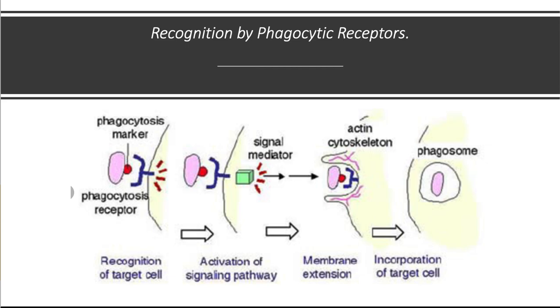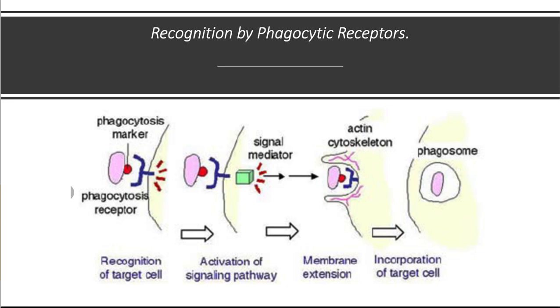These sugars are typically part of molecules found on microbial cell walls, whereas mammalian glycoproteins and glycolipids contain terminal sialic acid or N-acetylgalactosamine. Therefore, the mannose receptor recognizes microbes and not host cells.